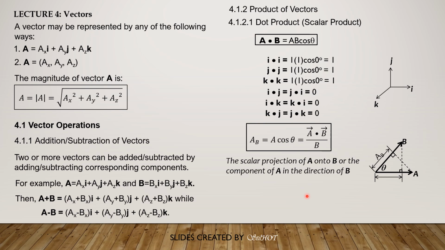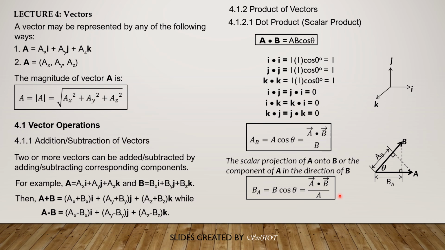So by trigonometry, this is B cosine theta, and this is B sub A, the scalar projection of B in the direction of A. And from this formula for the dot product, B cosine theta is A dot B divided by the magnitude of A. So take note that A and B are vectors denoted by the arrowheads, and the denominator is a magnitude.